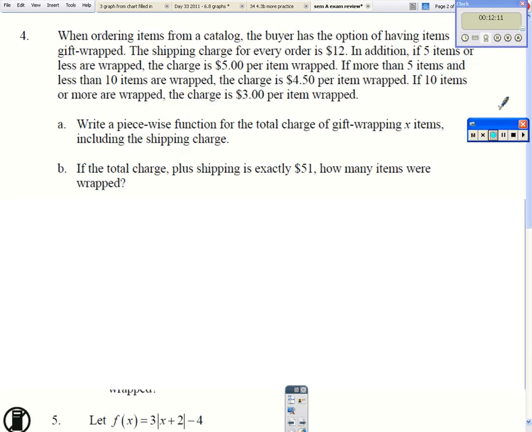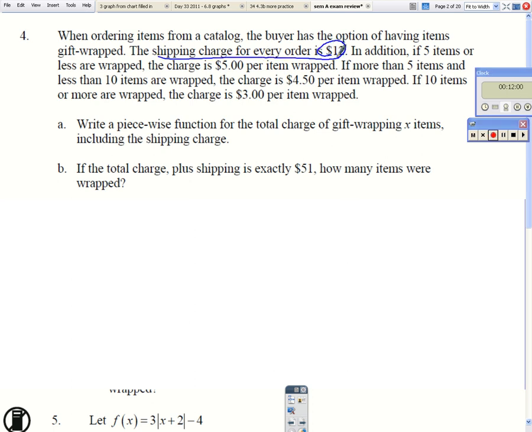Now for this word problem, we need to take into account all of the information. The shipping charge for every order is $12.